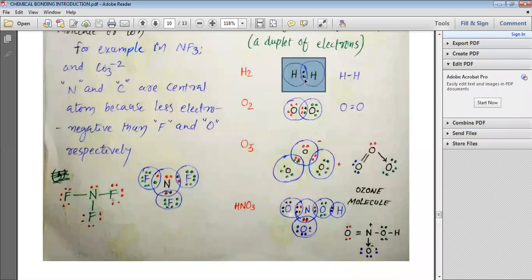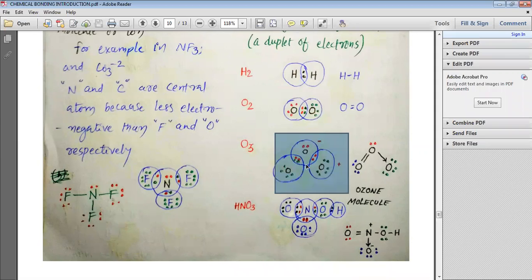Each hydrogen shares its one electron, and this is how a single bond is formed between hydrogen. In the case of oxygen, each oxygen attains the octet, and there are two bonds formed in the oxygen molecule.